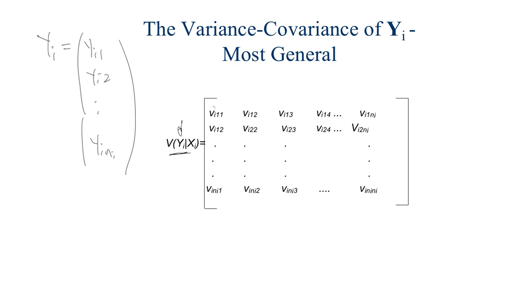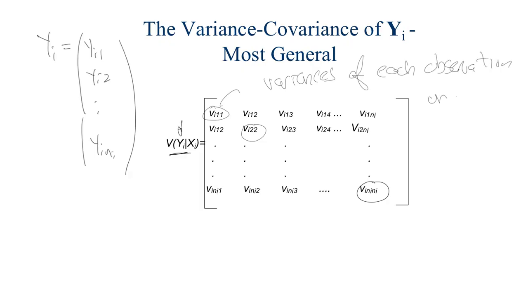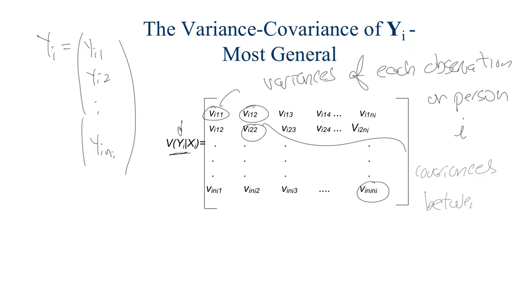So the diagonals are the variances of each observation on person i in our case. And then these are the covariances between observations on the same subject.